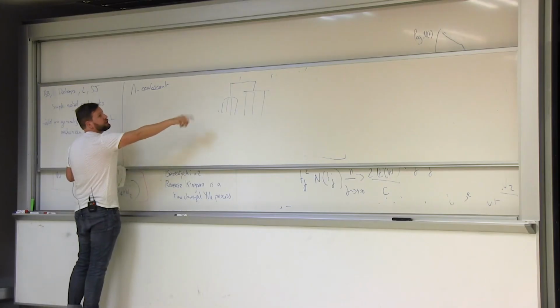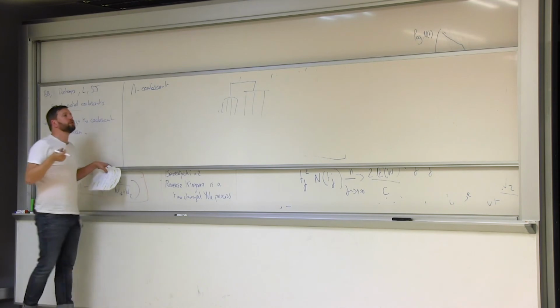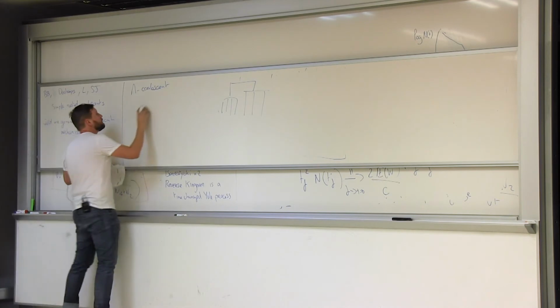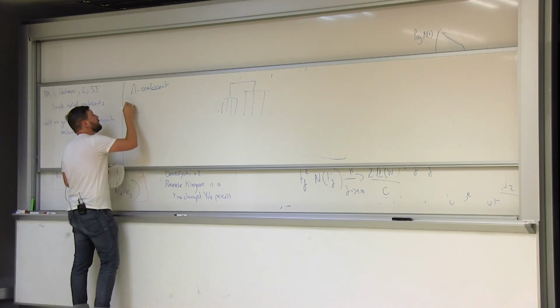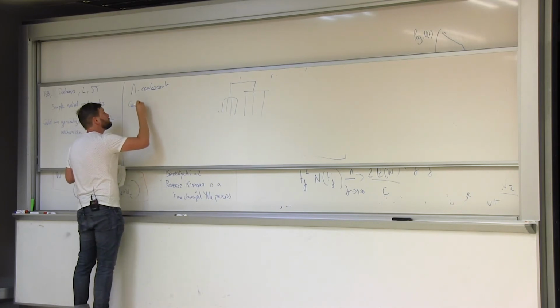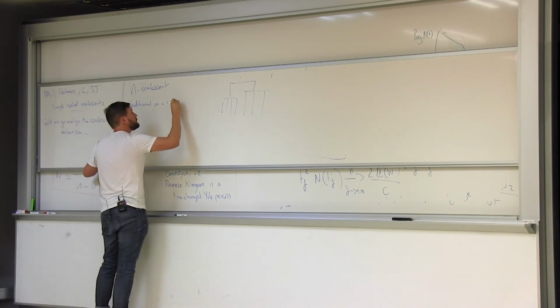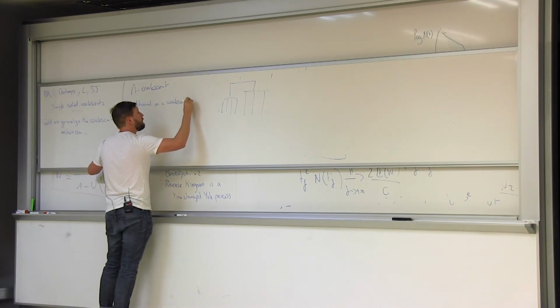So let's look at this model, okay? You can look at it as a continuous time Markov chain with values in the partitions, but I won't really talk about it. So let's look at a coalescence event, conditional on a coalescence event.